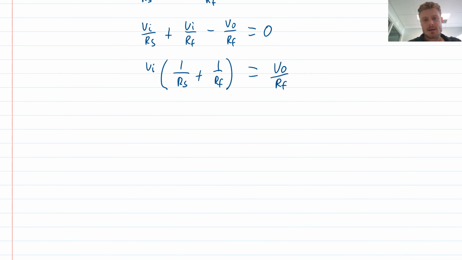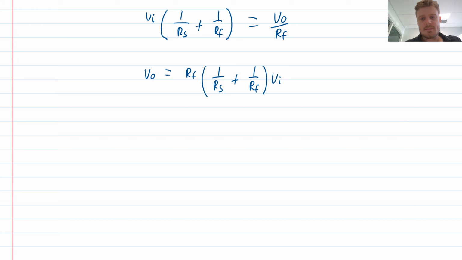And I can further rearrange this. I can bring the Rf to the other side, and I'm going to swap left and right because I want to write solving for Vout. So swapping sides and writing this out is going to give me Rf multiplied by this, so 1 on Rs plus 1 on Rf times our input voltage Vi.